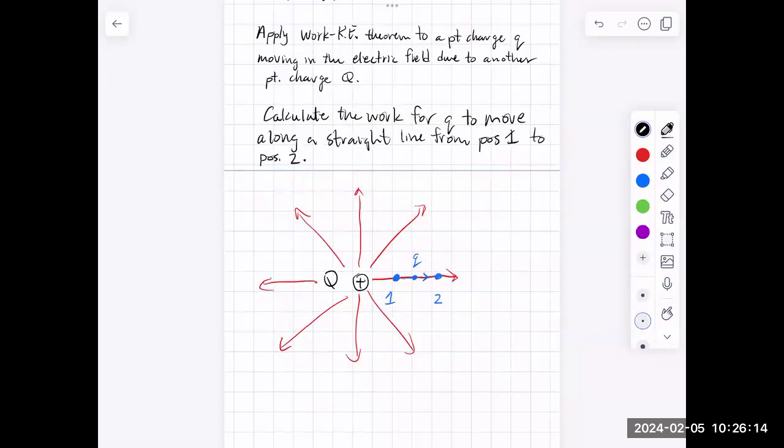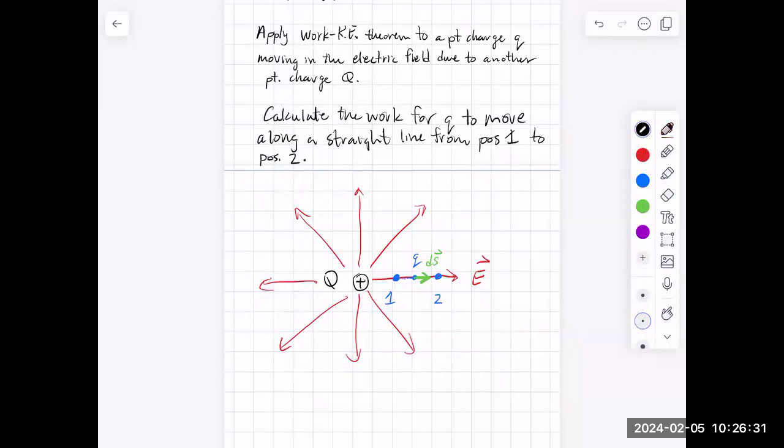Okay, so what we have to do is draw our displacement vector. So I'll draw my displacement vector like so, and these red lines are the electric fields.